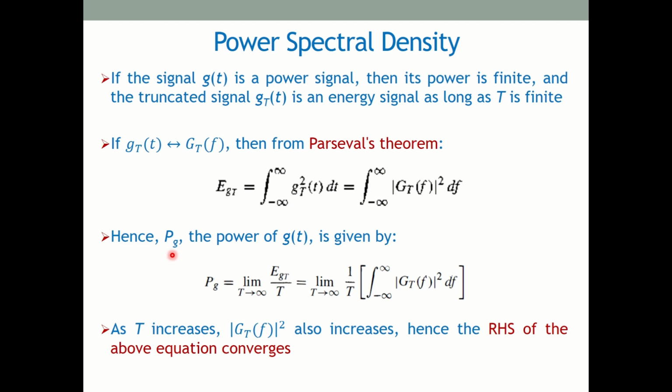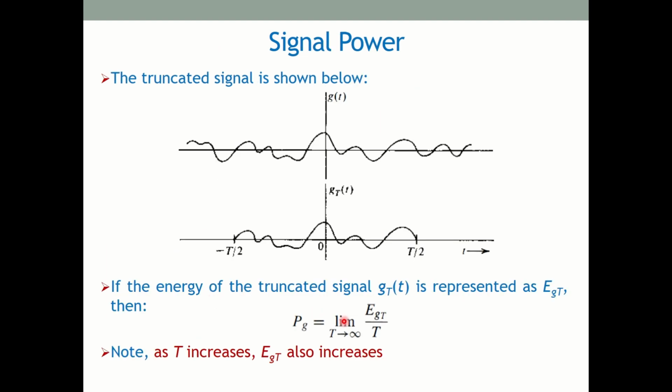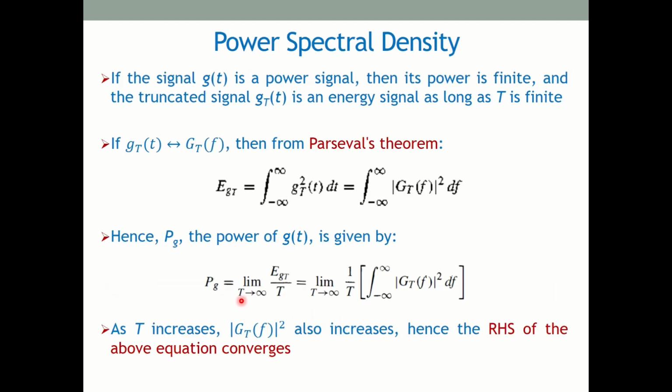Hence P_g, the power of g(t), is given by the time average of the energy of the truncated signal. When we substitute E_gT from this expression, the term in the bracket represents the energy of the truncated signal.